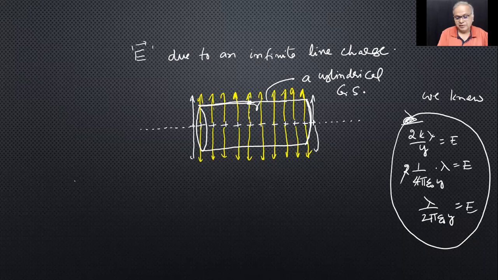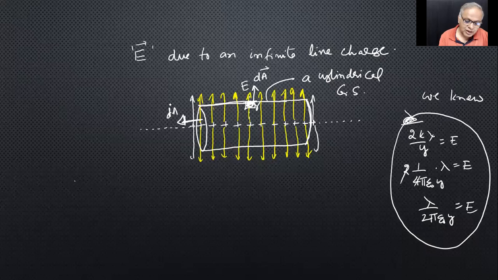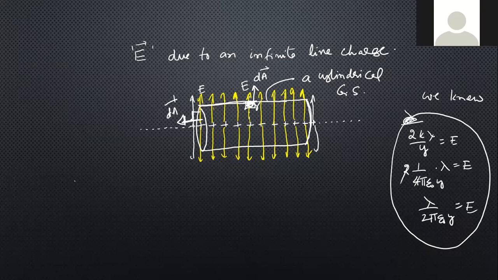Now look at this. Here, if I take one dA element, this E and dA are in the same direction. They're parallel. But if I take a dA on the closed surface, we need to take closed surfaces for Gauss law, so here dA will be like this and E will be like this. So then it will be perpendicular. No flux.